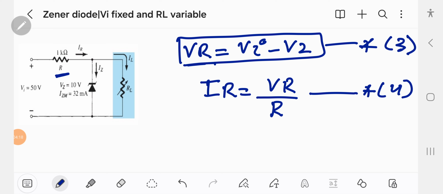Now to find the zener current, which is IZ, IZ equals IR minus IL.